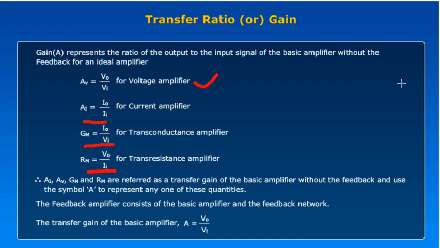Here AI, AV, Gm and Rm are referred to as the transfer gain of the basic amplifier without feedback, and we use the symbol A to represent any one of these quantities. The feedback amplifier consists of the basic amplifier and the feedback network. The transfer gain of the basic amplifier A is equal to V0 by Vi.